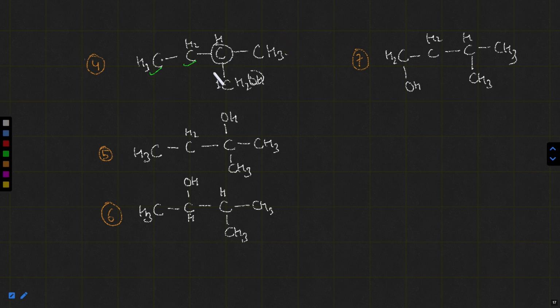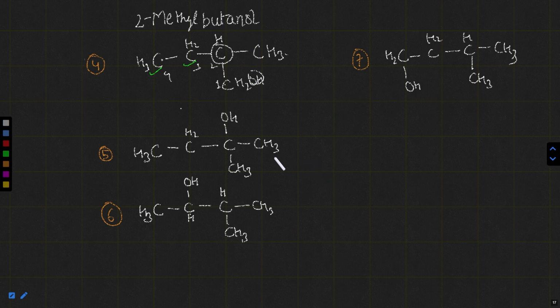And 1, 2, 3, 4 carbons. At 2 position we have methyl. So 2-methyl. Writing its name here: 2-methylbutanol. It is at first position, so I'm not writing 1-ol.